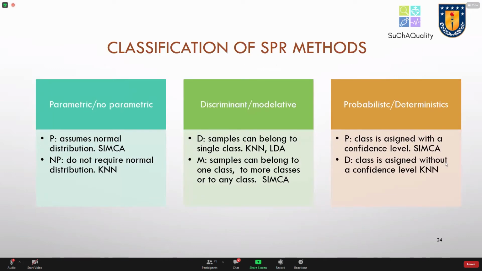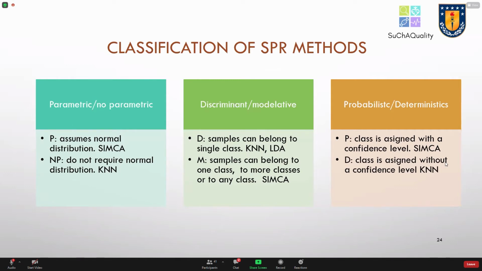But the supervised pattern recognition methods can also be classified according to these criteria. For example, if the method is parametric or non-parametric. If the method is parametric, we can assume a normal distribution like SIMCA, for example, but KNN does not require the normal distribution. A discriminant method can belong to the sample or just to a single class, but a modeling method can belong to one class, to more classes, or to any class, like SIMCA.